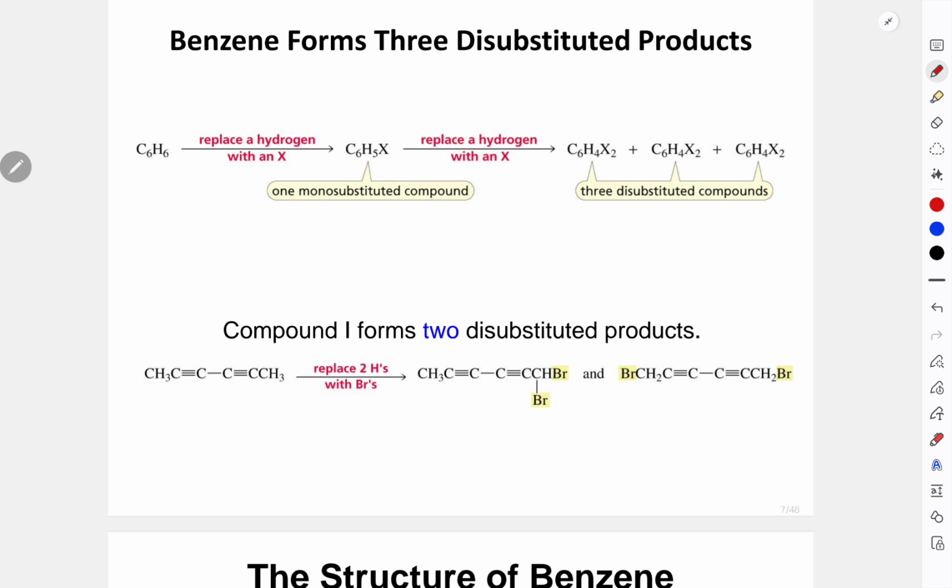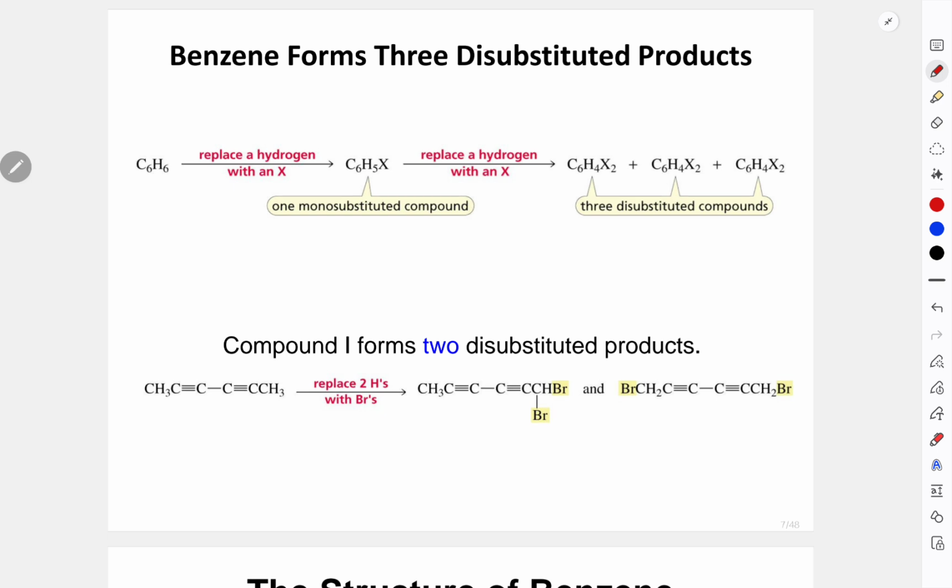In the second step, you get three disubstituted compounds. So that's the key information you have to satisfy. But compound 1, this linear compound, cannot satisfy this condition. Compound 1 forms two disubstituted products. So you can rule out compound 1.